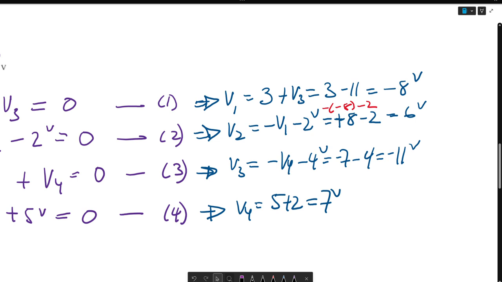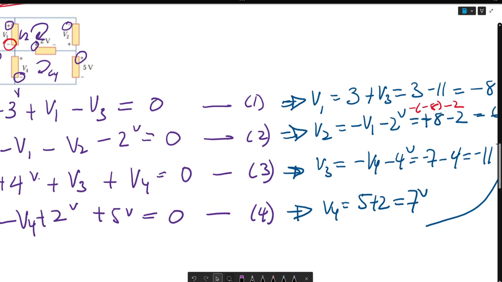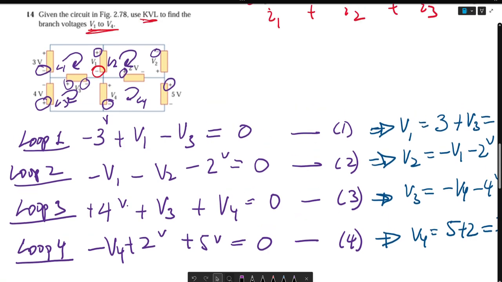So this is how you would use KVL. Again, we're solving for voltages to solve this problem here.